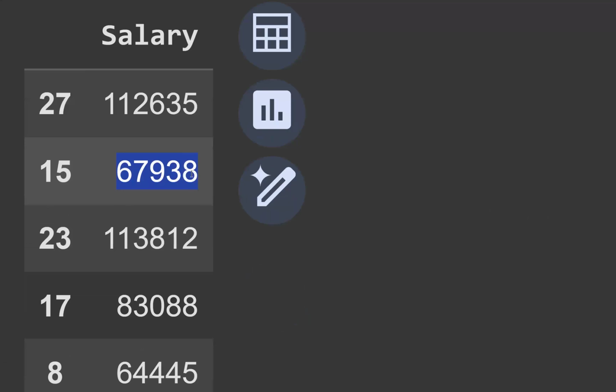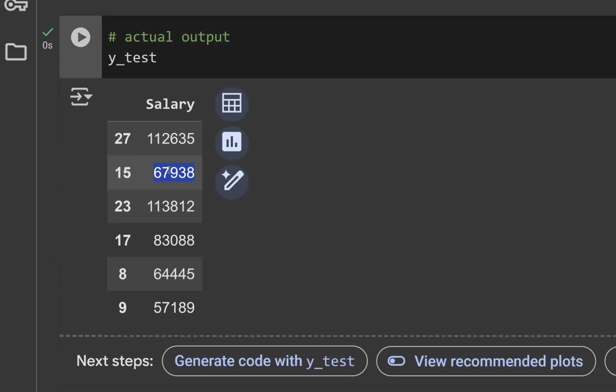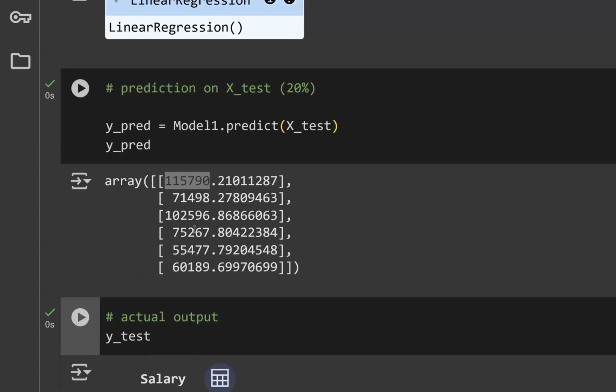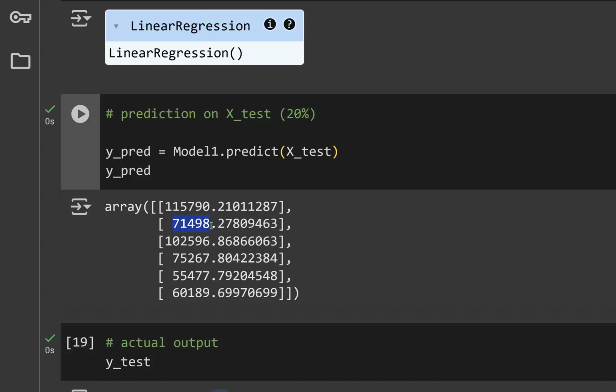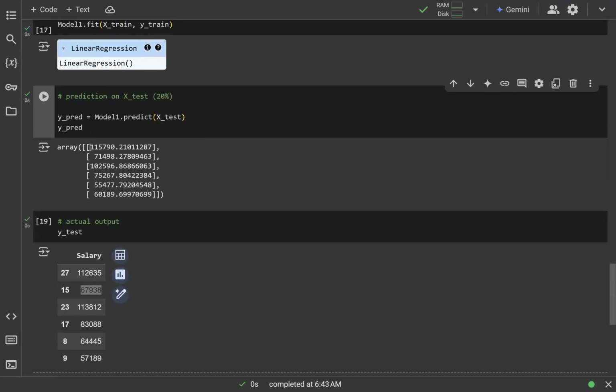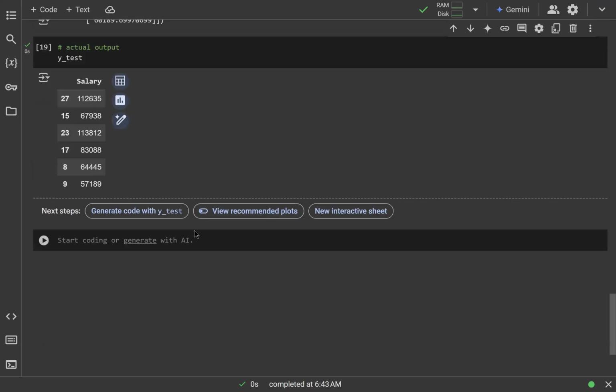The second actual output was 67,900. Your model says 71,000. So it is close, but it has some error. Yes or no, guys? This is the answer given by the model. This is the actual answer. So how much difference you have, how accurate your model is.